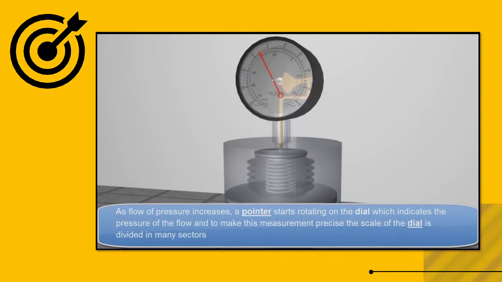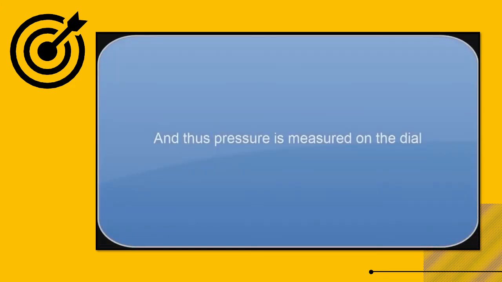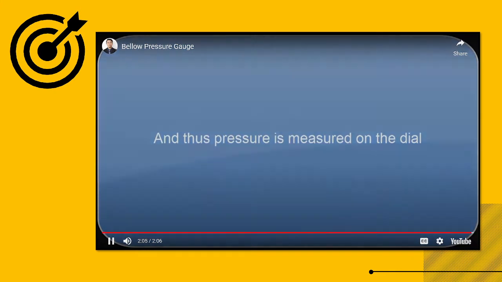And to make this measurement precise, the scale of the dial is divided in many sectors. After some time, the pointer assumes a new position on the pressure calibrated scale on the dial to indicate the applied pressure directly, and thus pressure is measured on the dial.